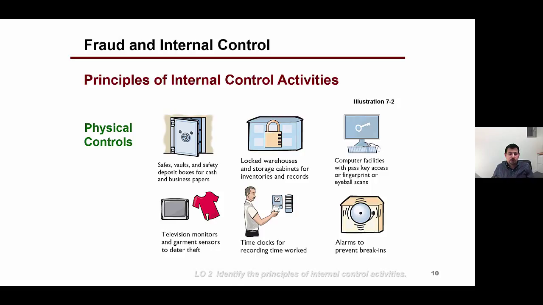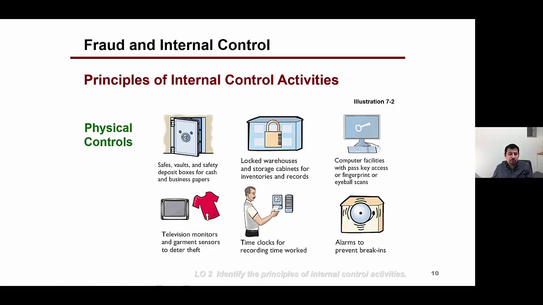Physical controls. This is the use of locked warehouses to avoid theft of inventory, use of passwords to avoid unauthorized access to information, the use of security cameras, alarms, like those alarms that would prevent theft, for example, whenever a tag is removed or something like that.